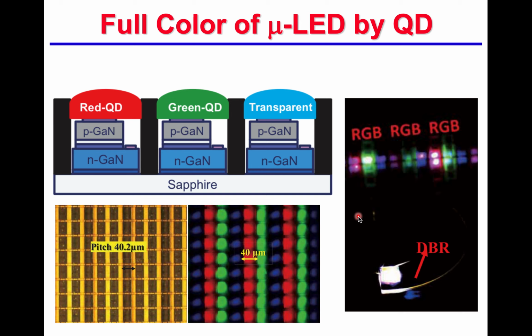But there are also some issues until now. For example, there is some leakage, because maybe the quantum dot cannot absorb 100% of the light emission. So there's some light leakage, so that will result in some issues for the emission color.